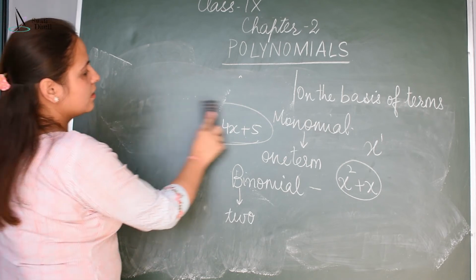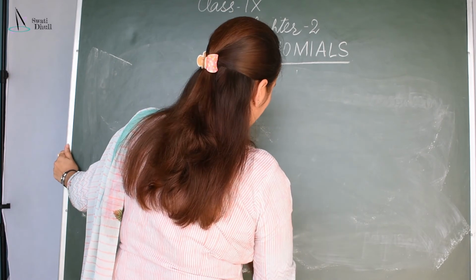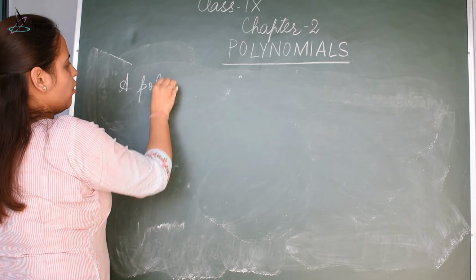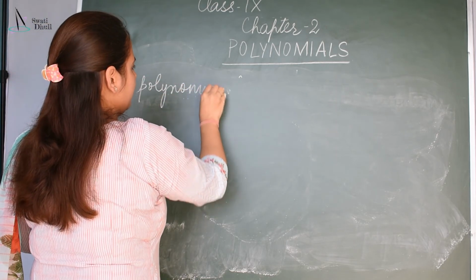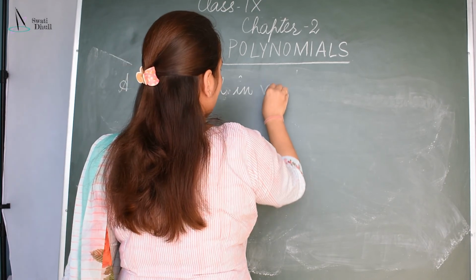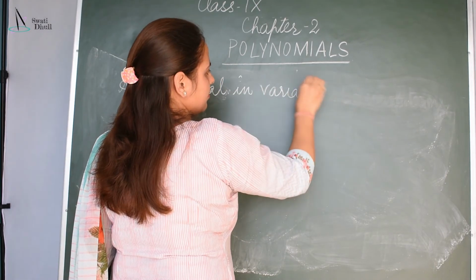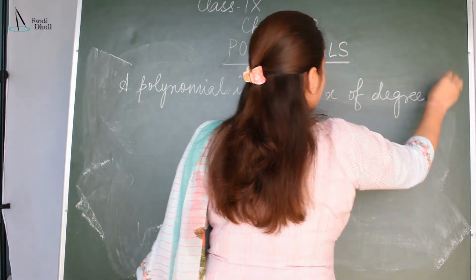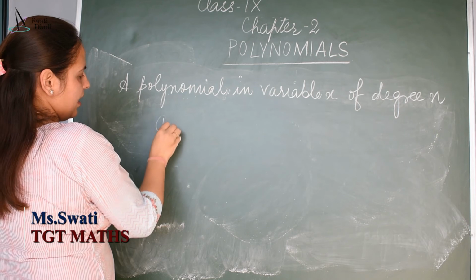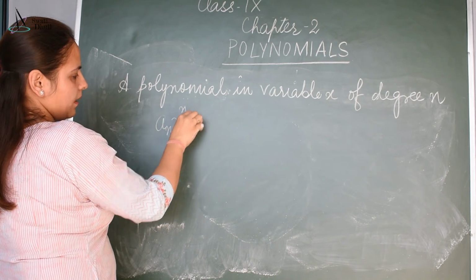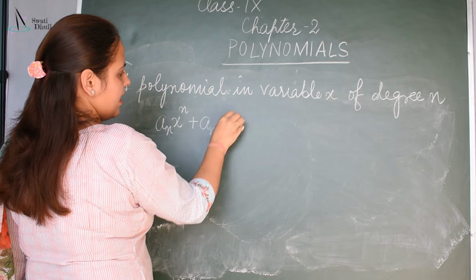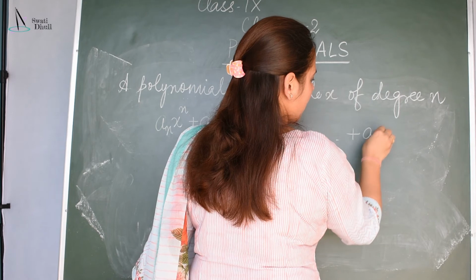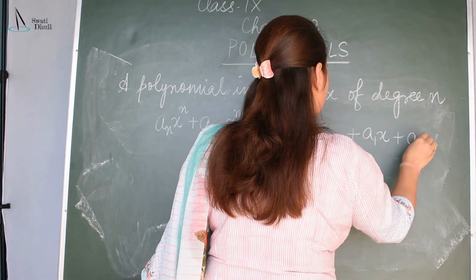Basically, a polynomial in variable x of degree n can be written as a n x to the power n plus a n minus 1 x to the power n minus 1, and so on, till a1 x plus a0.